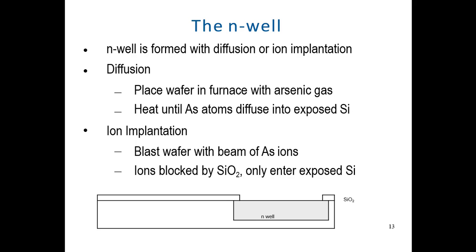Place the wafer in a furnace. Here is the explanation of the process with arsenic gas and heat until atoms diffuse into silicon atoms. So arsenic atoms diffuse into silicon. This shows the process of how you can develop the N-well. And N-well, you remember, was used to house the PMOS.